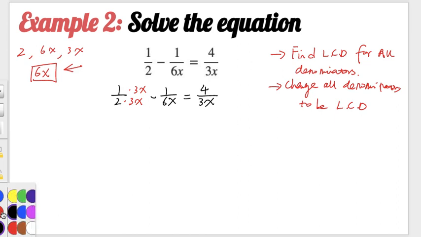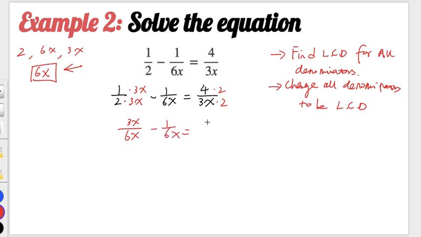And for this, we need to multiply 2. Yes, you are correct. So now we just need to repeat the same thing on the top. Since we have everything the same, I just need to write that down. We have the same denominator, we can just combine like terms. But remember, 3x minus 1 is not 2x because they are not like terms.